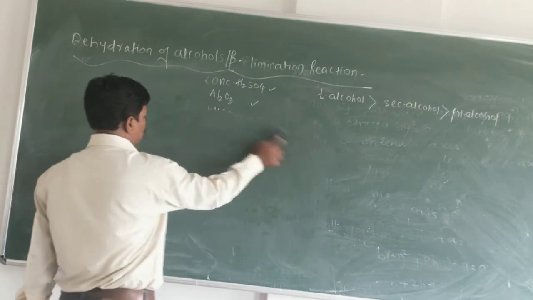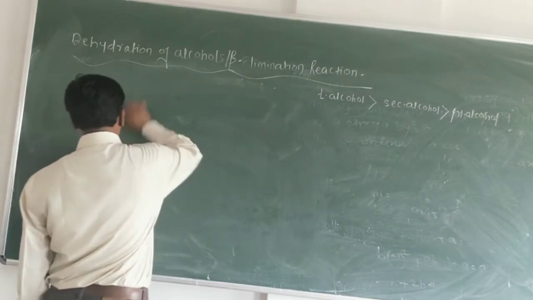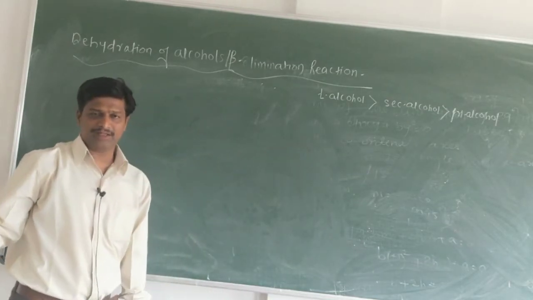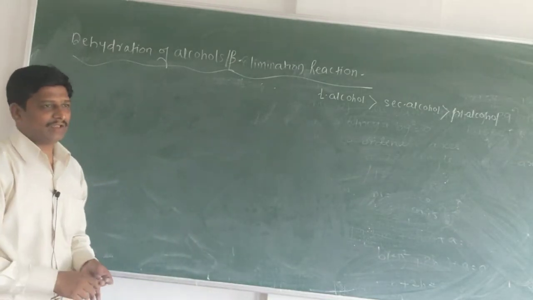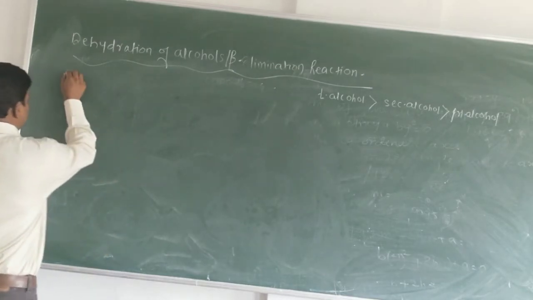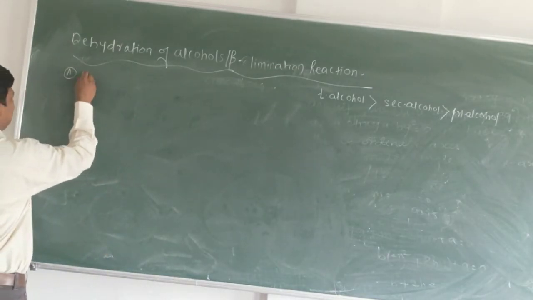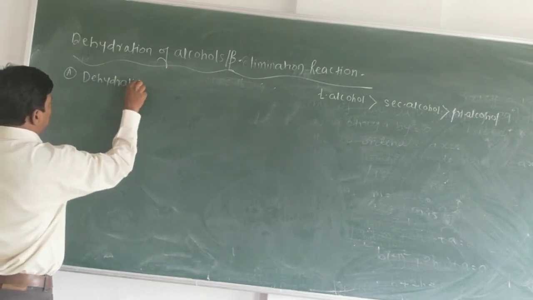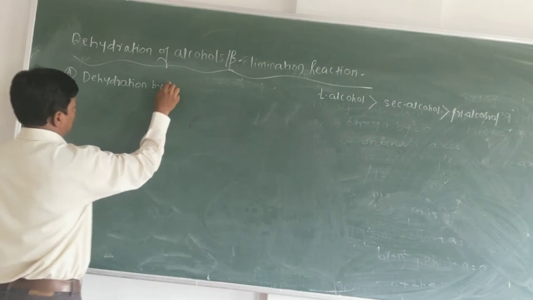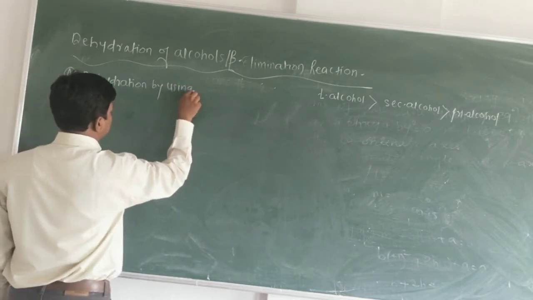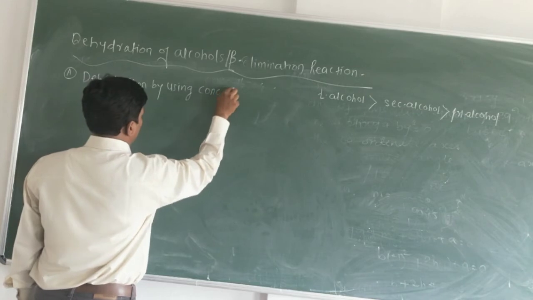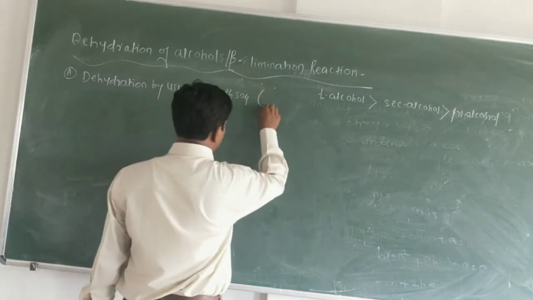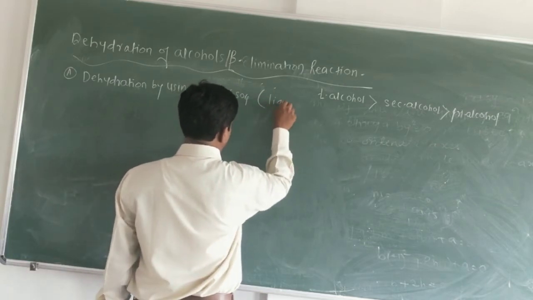Okay, so first of all we are going to dehydrate the alcohols by using concentrated H2SO4, and in this reaction the alcohols are in the liquid phase. So here, the first is dehydration by using concentrated H2SO4, and this is the liquid phase dehydration.